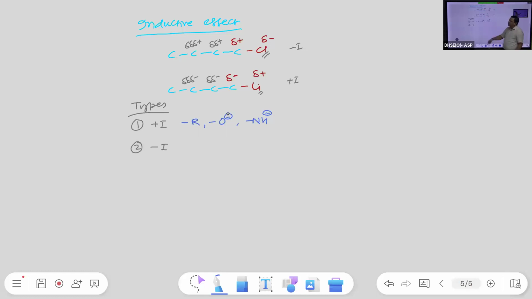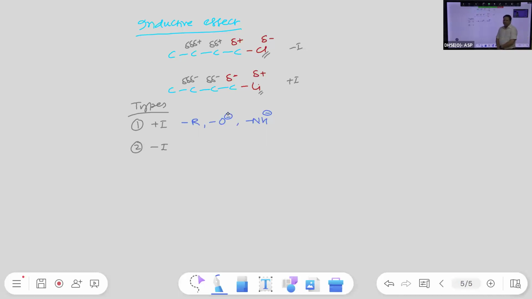Oxygen is a second period element, so it has shells only up to the second shell, meaning there is no vacant d orbital. So the negative charge cannot be dispersed by any other means. In order to delocalize the negative charge, there is no effect.